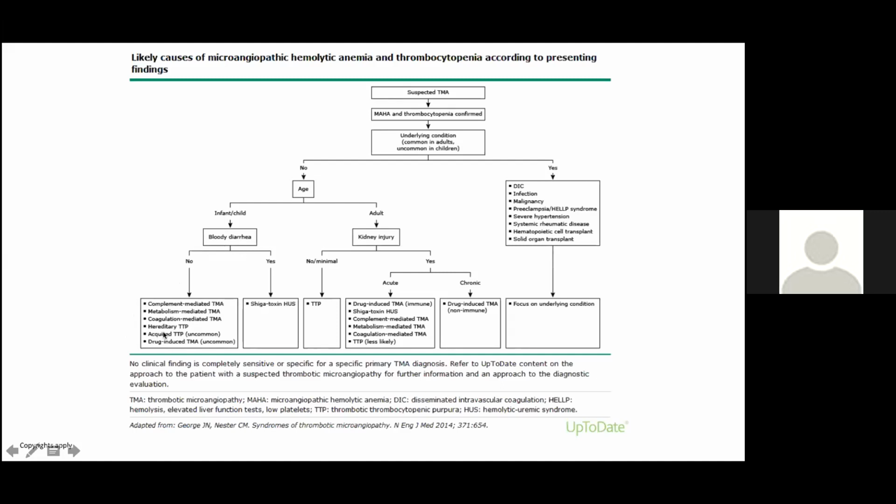Hereditary TTP, acquired TTP again uncommon in children. Hereditary TTP and complement-mediated TMA you have to think of. Actually, there is a clinical way to diagnose thrombotic thrombocytopenic purpura, which I will discuss in following slides.